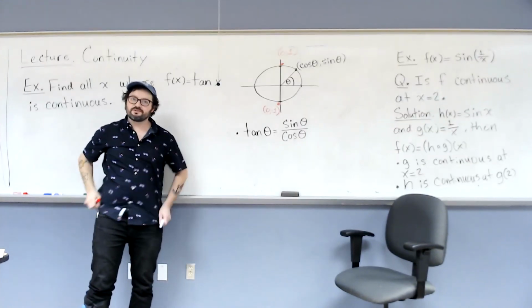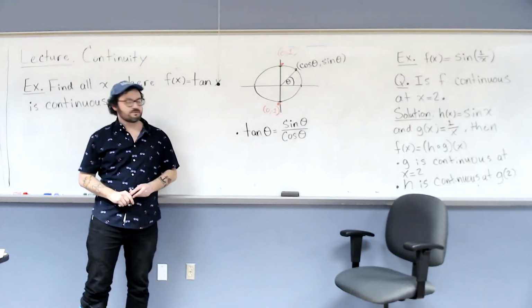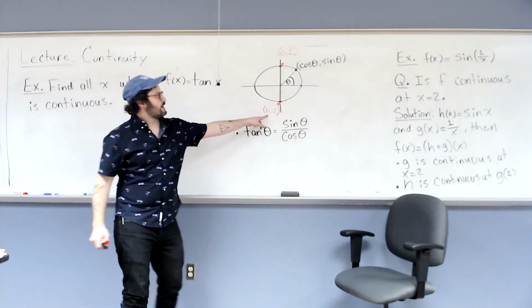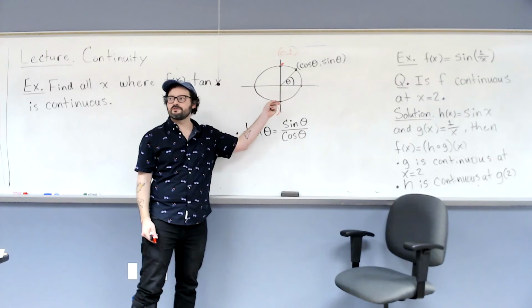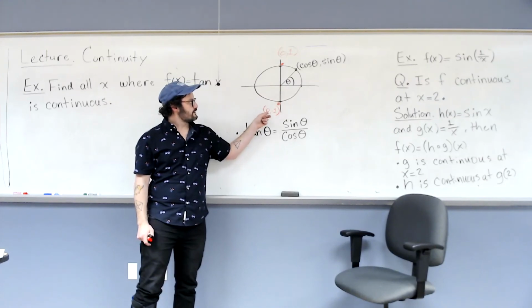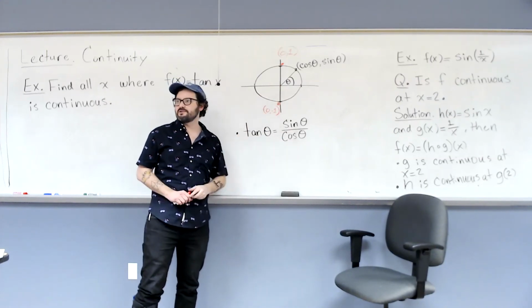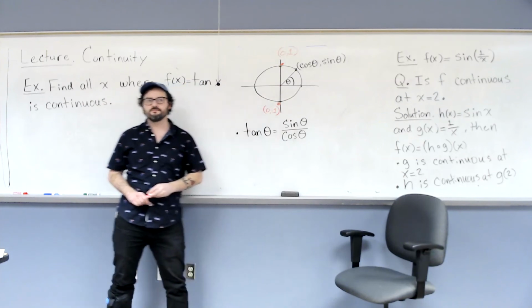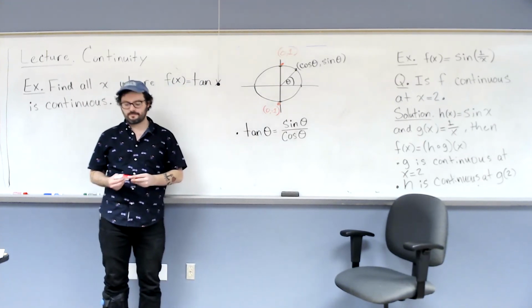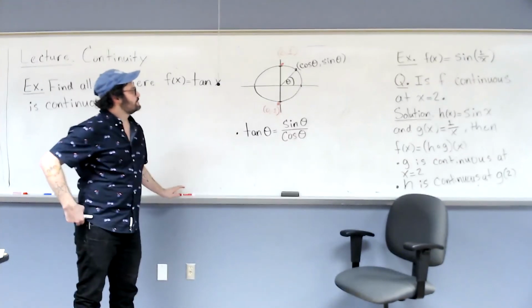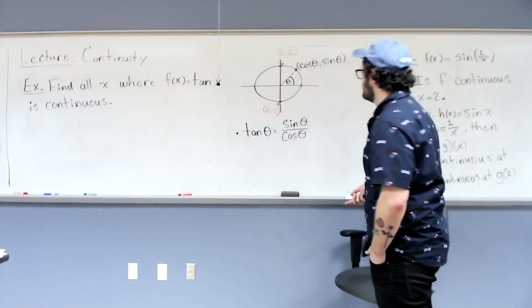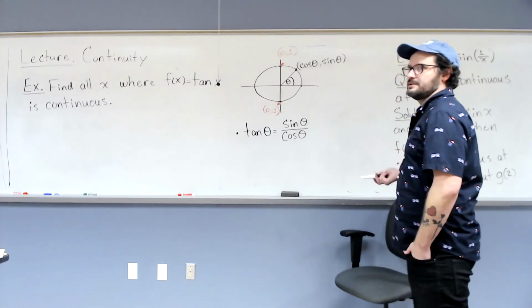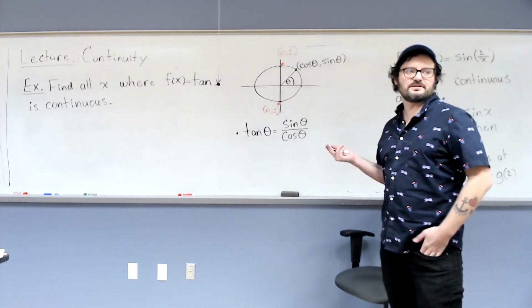And since those points are determined by cosine and sine, at that angle, if we're doing radians, cosine will be 0, tangent won't be defined there. So anytime tangent isn't defined at a given point, then it can't be continuous at that point, right?